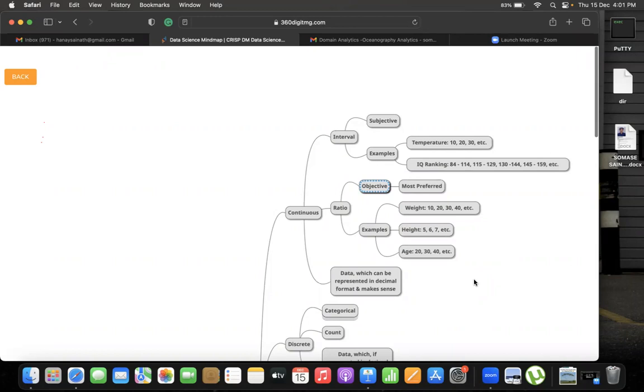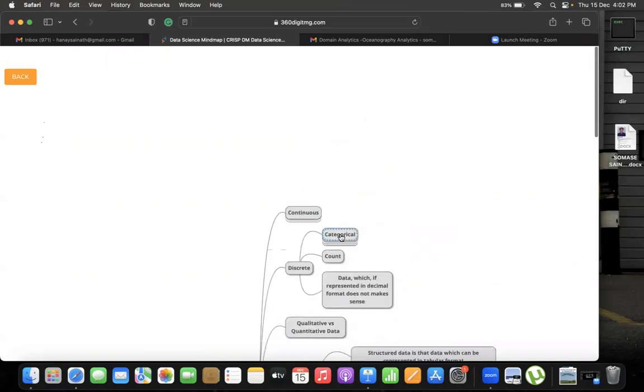Then we have ratio, which is most preferred. For example, weight and height and age, all those things. Then we have data which can be represented in decimal format and makes sense about the continuous data.